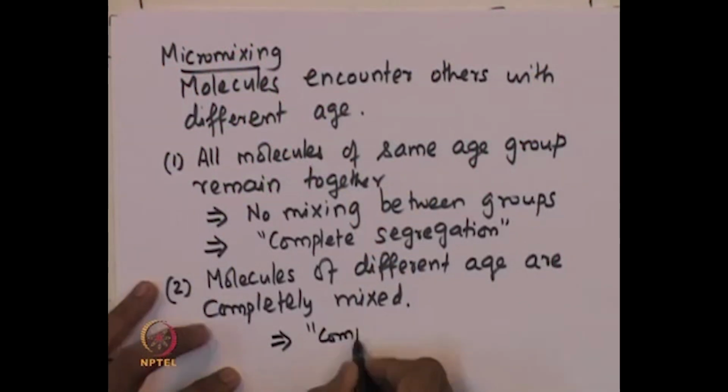Therefore, one cannot virtually distinguish where the particles of higher age are located compared with the particles freshly pumped into the reactor. That kind of situation is called complete micro mixing.